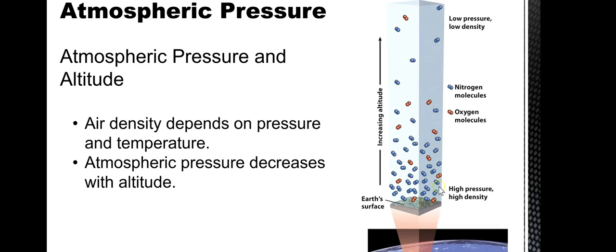So that is what this description right here is telling us: air is going to be more dense at your lower elevations, and up higher you've got low pressure and low density. As you go up in latitude as well, you're going to have more of a low-density environment.